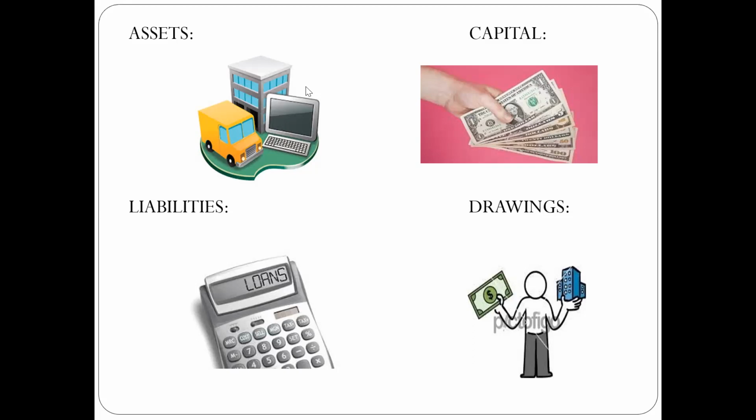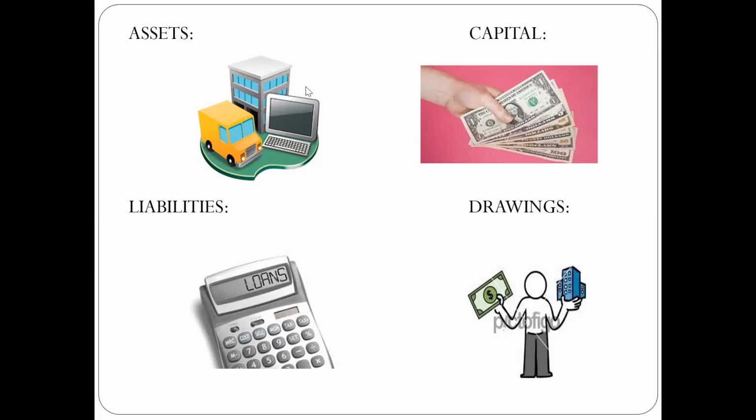You have a laptop that is yours, then that is going to be an asset. On the right-hand side, you will see there's a picture of some money, and we all wish we could have some money, hey? So capital is not just money, it can also be the property or the goods that you have, but you can sell them again to make some money. That can also be seen as capital.